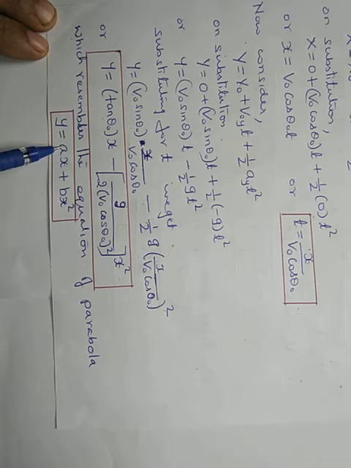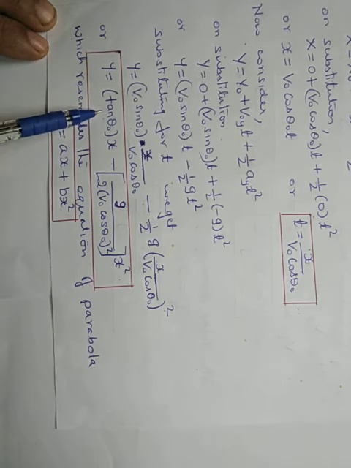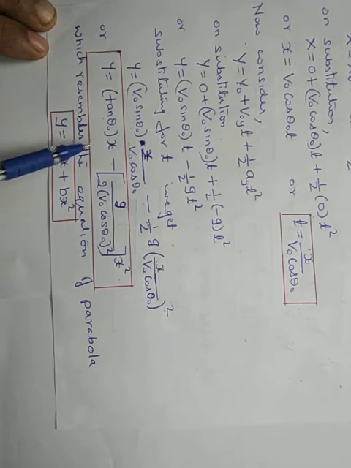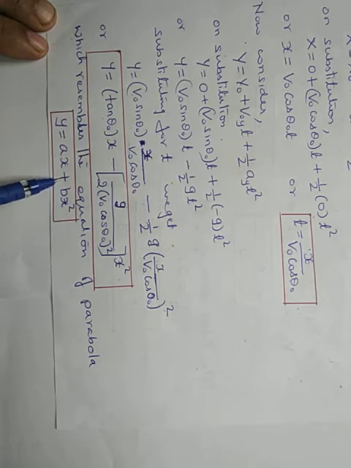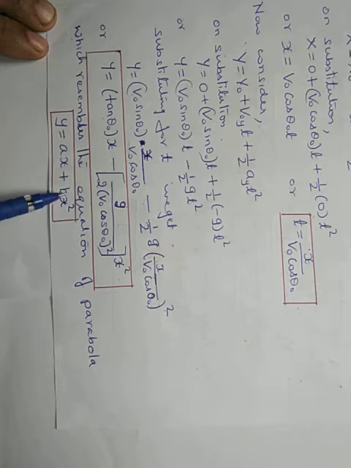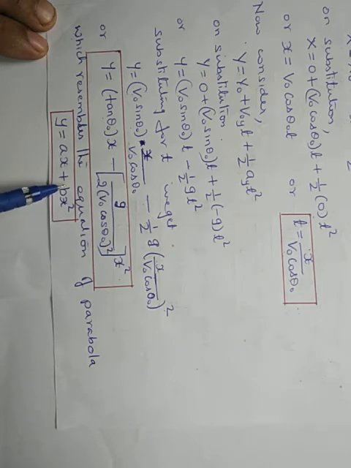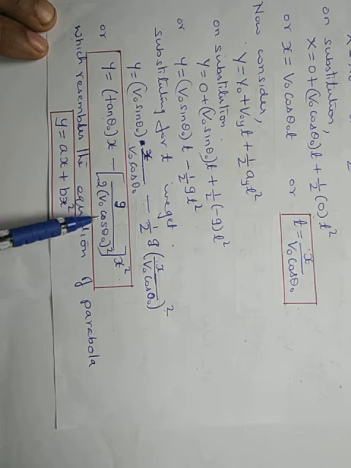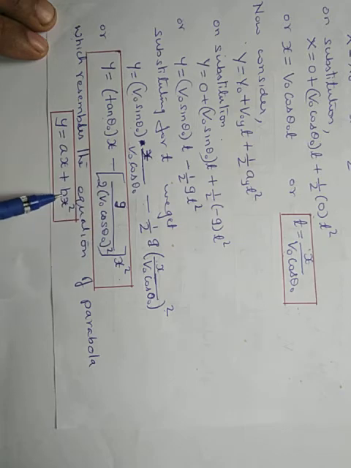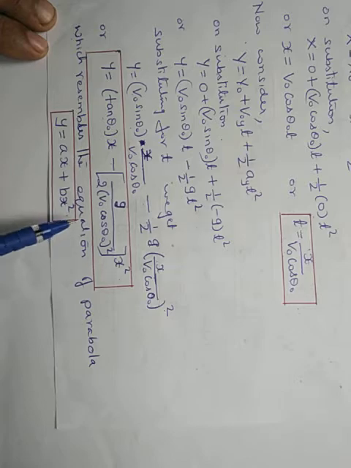So, instead of a we got tan theta naught, in the place of x we have x, and in the place of b we have minus g by 2 v naught cos theta naught whole square, into x square.